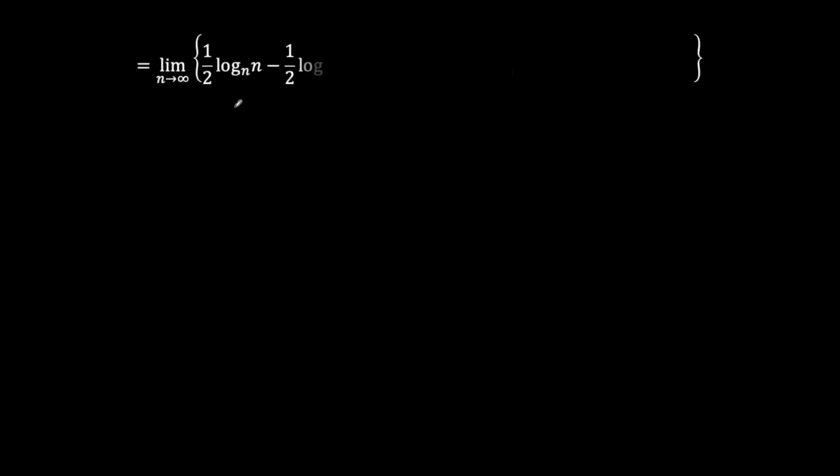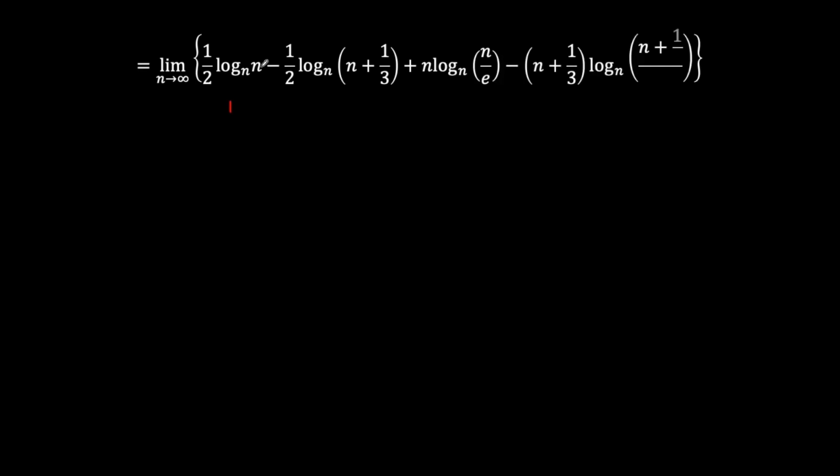This is easy because it's the same as n, same base, so this becomes 1, right? And here, because the third is just a small increment over n, and when n tends to infinity, this also becomes 1, right? And then now we can combine these two.